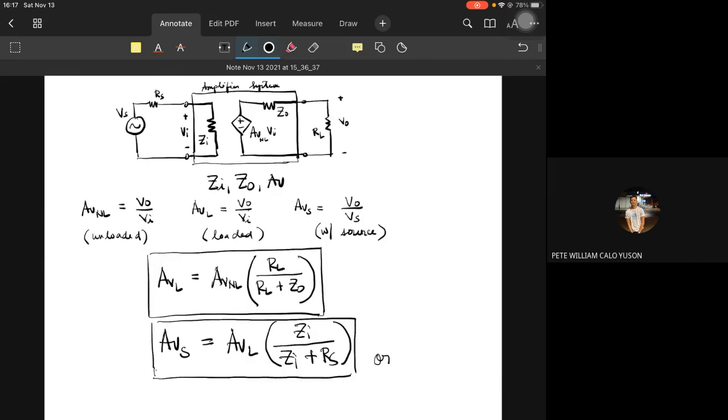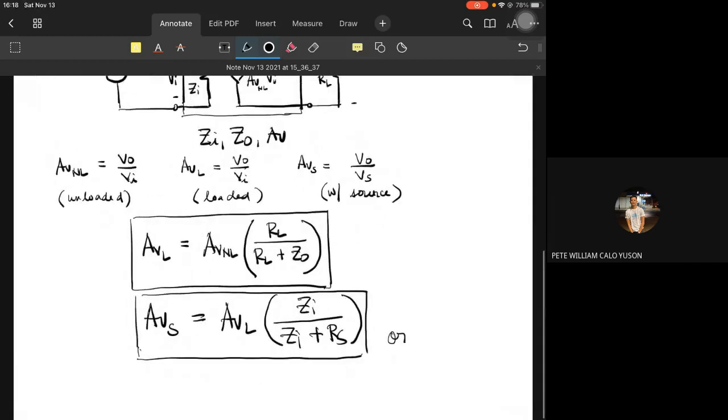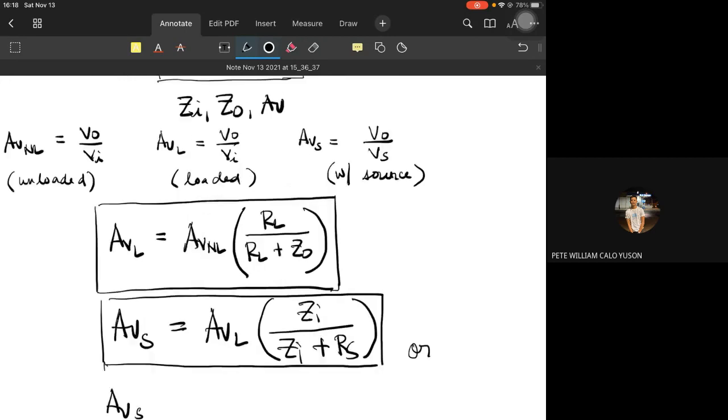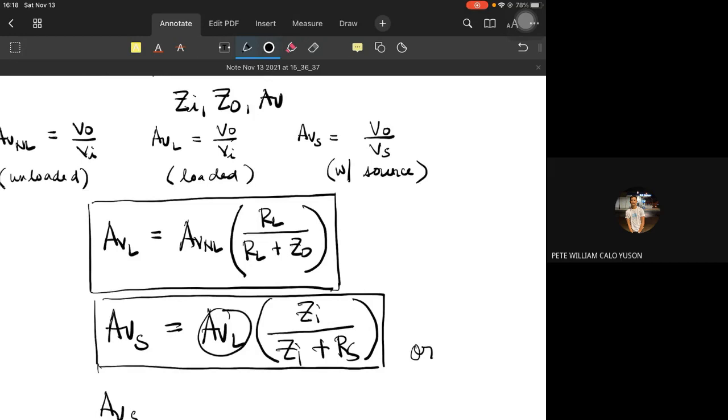Or if we want a formula in terms of AV and L again, we just combine them. This is AVL, so we just substitute the whole thing here.